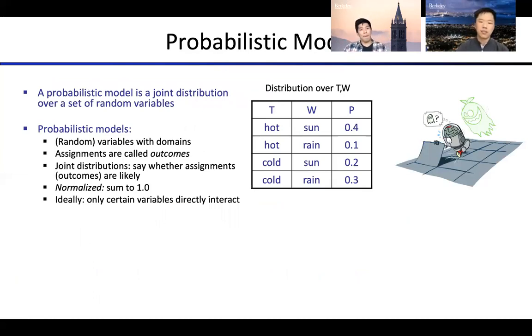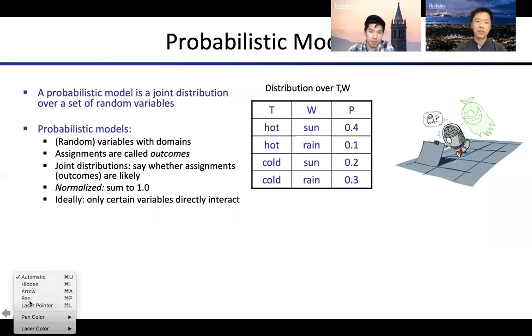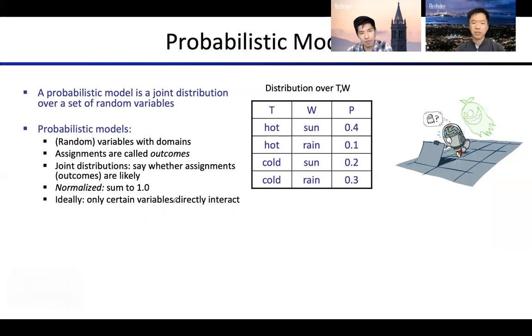In the next part, we're going to talk about the preliminary definitions for probabilistic models. A probabilistic model is just a joint distribution over a set of random variables. So the probabilistic model for temperature and weather is indicated by the joint probability distribution, as you saw in the middle of the slide here.